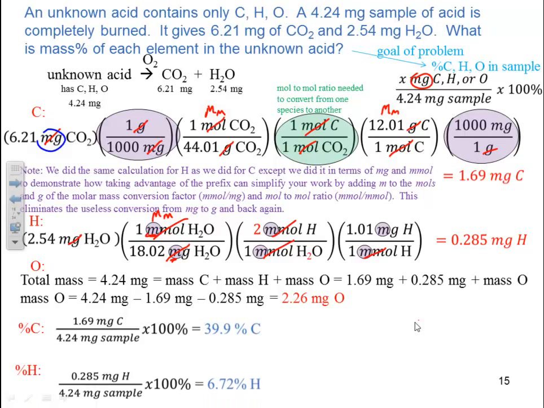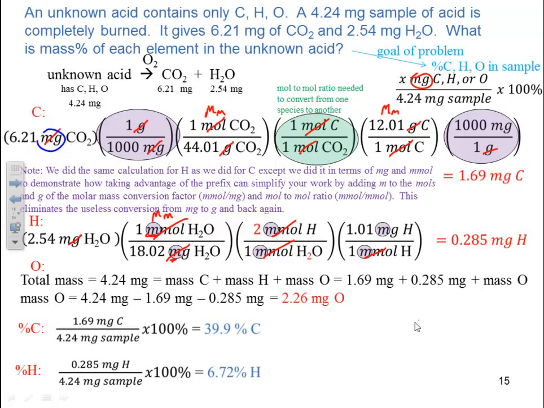Percent hydrogen. Plug in those numbers, 0.285 milligrams of hydrogen over the total, 4.24 milligrams, times 100, gives me 6.72% hydrogen. Oxygen, well, once again, we can simplify this and find the percent oxygen instead of doing the whole calculation. I know that the totals have to equal 100%, so from 100%, I can subtract my 39.9% and my 6.72%, and what's left will tell me my percent oxygen.